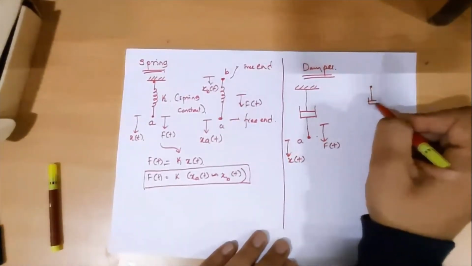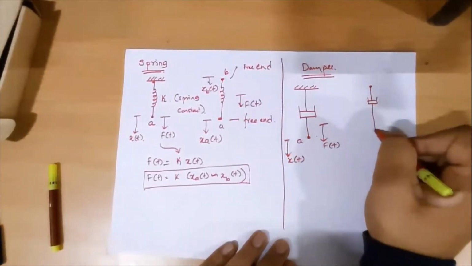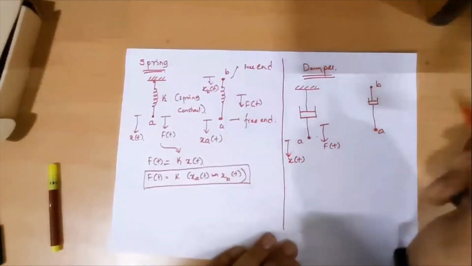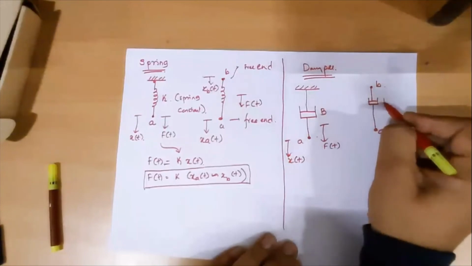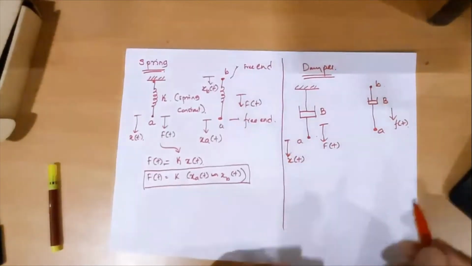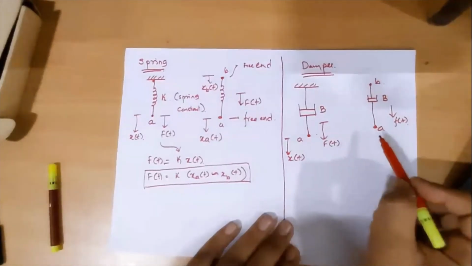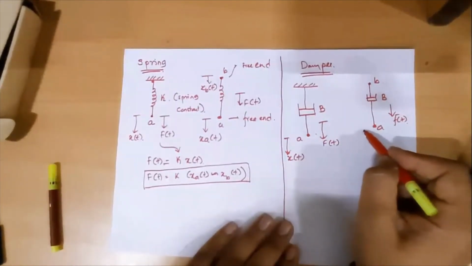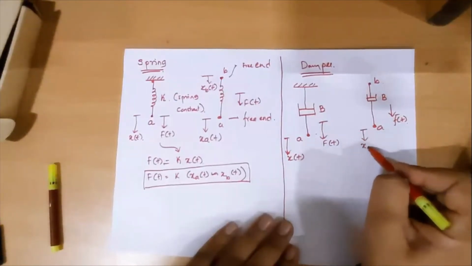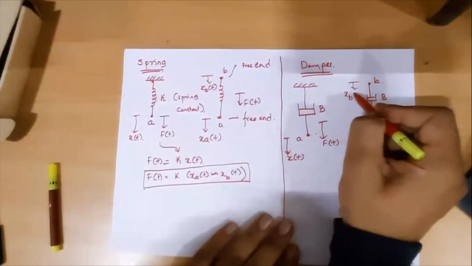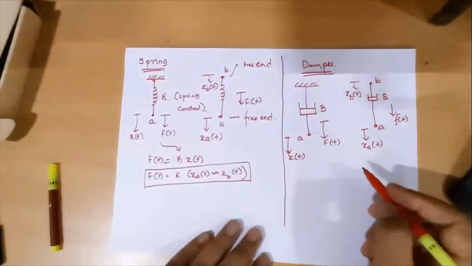Here in this case also we can have two scenarios, where one end is free, and the other case where both ends are free. And capital B represents the damping constant, the damping coefficient. So let us write f of t and xa of t for the second scenario, and xb of t for the other free end.